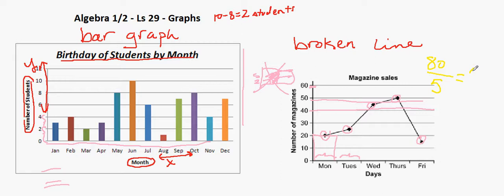That's 200. 80 divided by, let's just do it quick. I'm drawing a blank. 16. So on average, 16 magazines sold per day. Average. Okay? So we can use this to solve average problems.